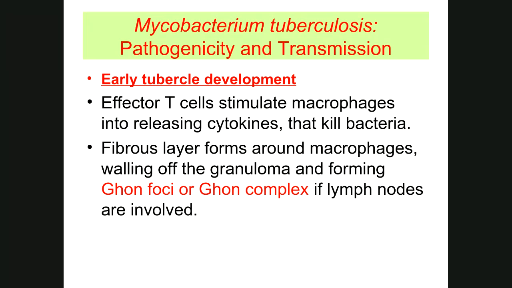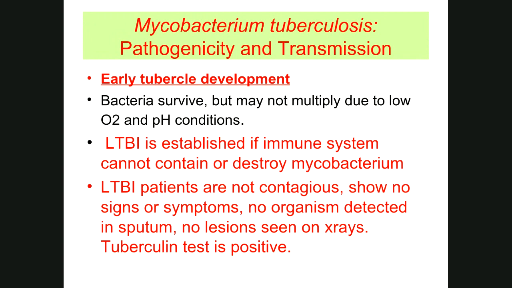A layer of connective tissue develops around the tubercle, and when that happens, we call that a granuloma or a Ghon focus or Ghon complex. If we have lymph nodes involved, we call it a Ghon complex. So now we have the granuloma walled off by connective tissue.